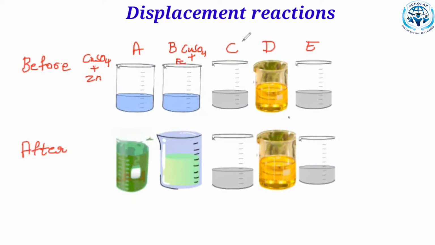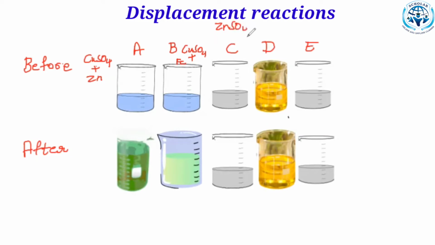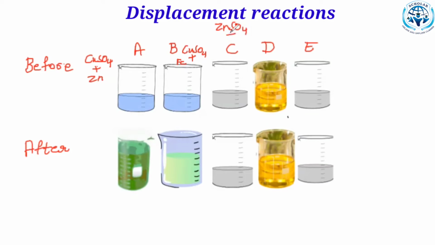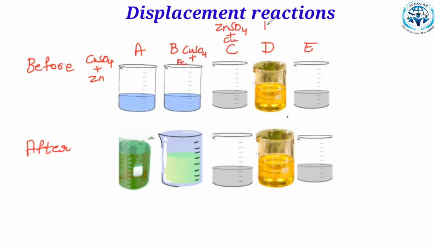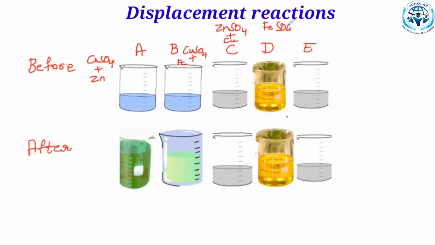In beaker C, zinc sulfate, ZnSO4, is reacting with copper, Cu. In beaker D, iron sulfate or ferrous sulfate is reacting with copper, Cu.